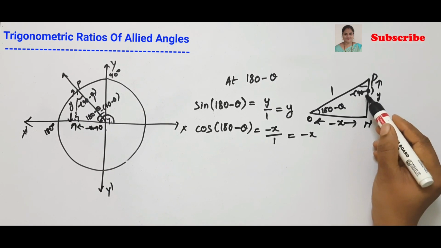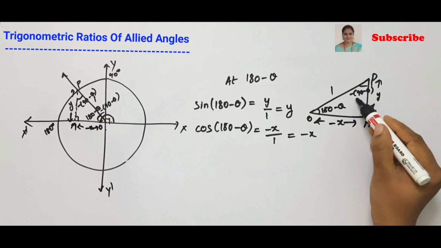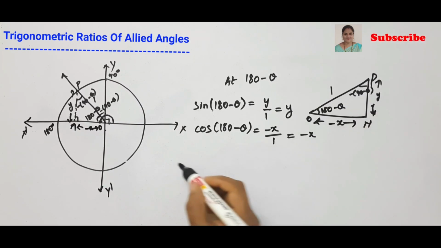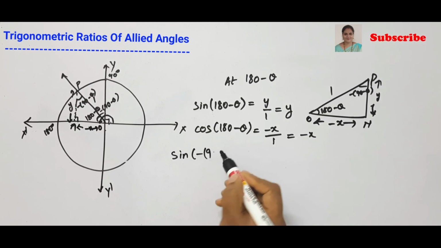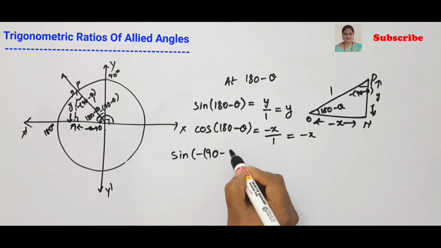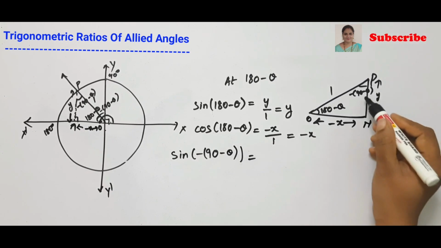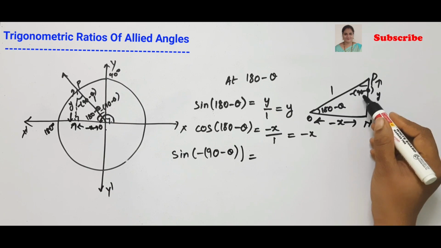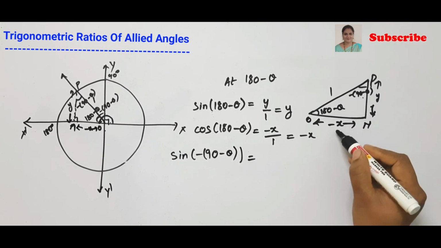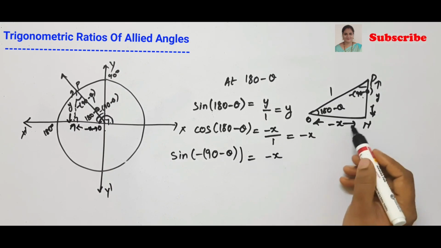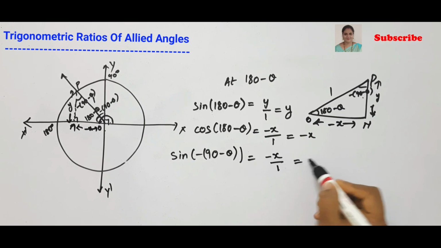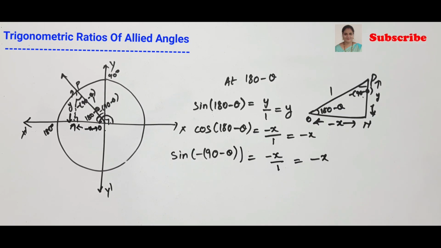Now let us calculate the sine and cos values at this angle, minus of 90 minus theta. So sine of minus of 90 minus theta equals the opposite side, which is opposite to this angle, OM, which is nothing but minus x. So minus x by hypotenuse 1. So this is equal to minus x. This sine of minus of 90 minus theta can be written as sine of minus theta if you take this whole angle as theta.